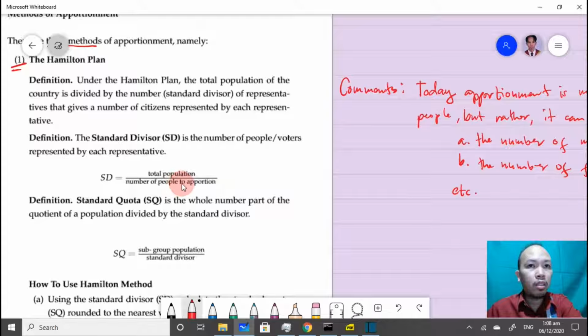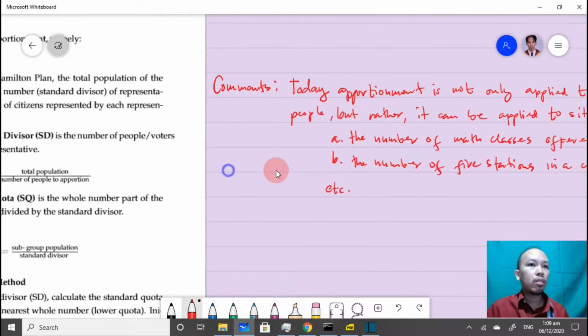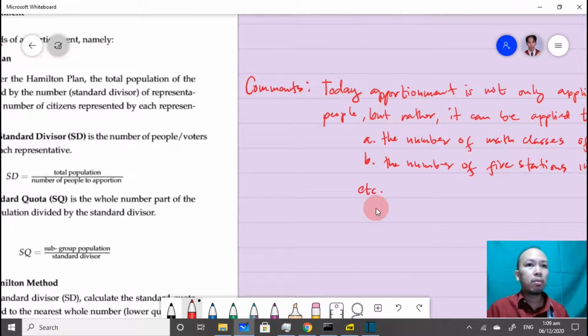It can be extended to situations like the example that we had before, the number of laptops to be distributed to the number of teachers. I don't know if the word is right, but anyway, today apportionment is not only applied to population.